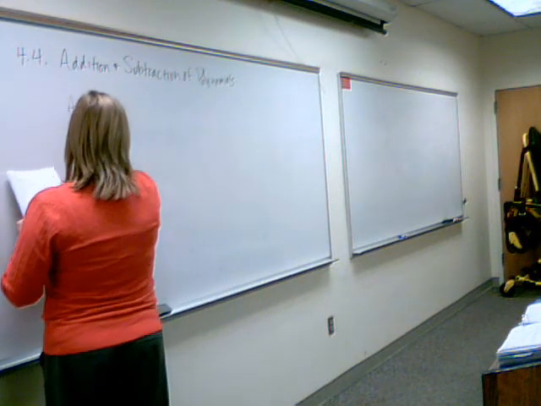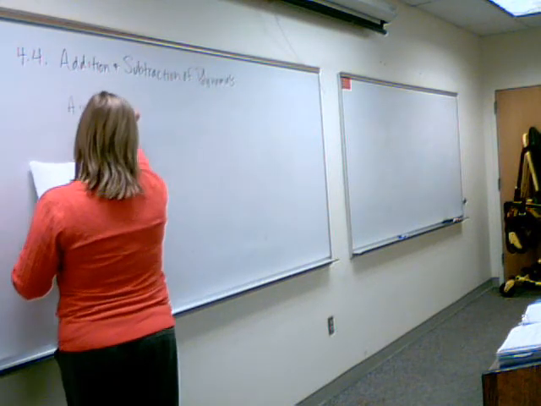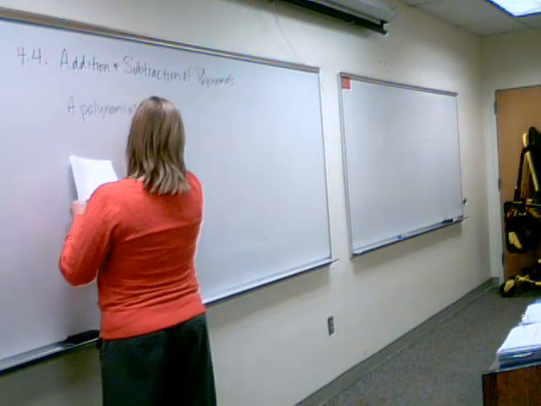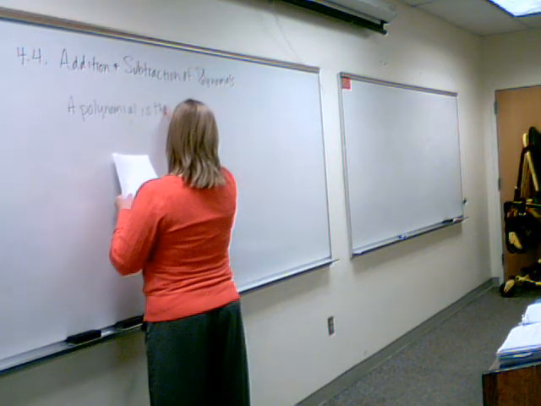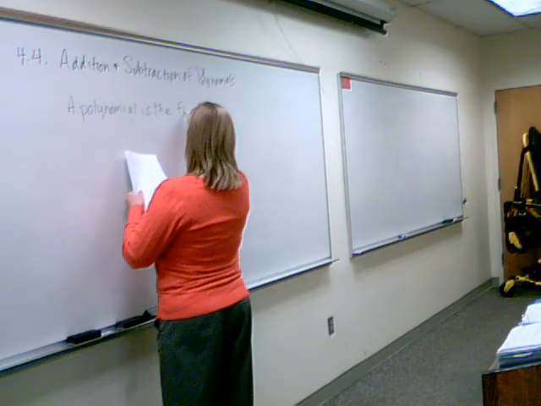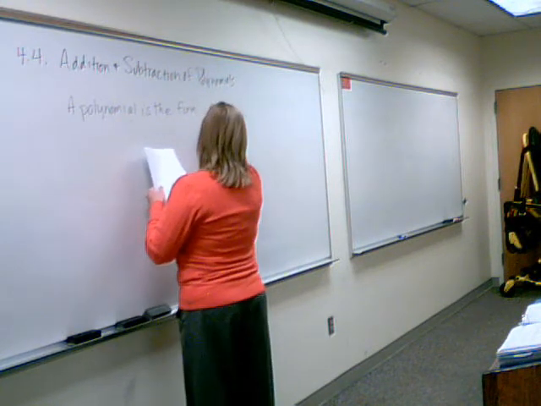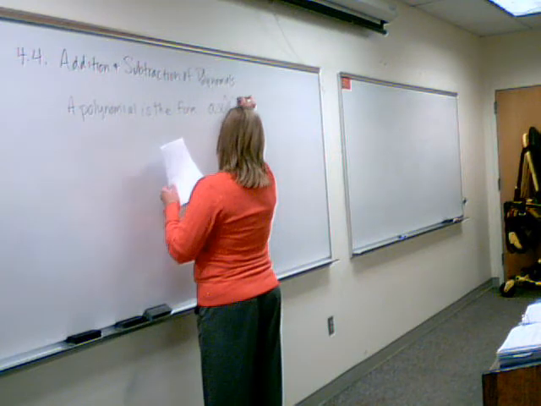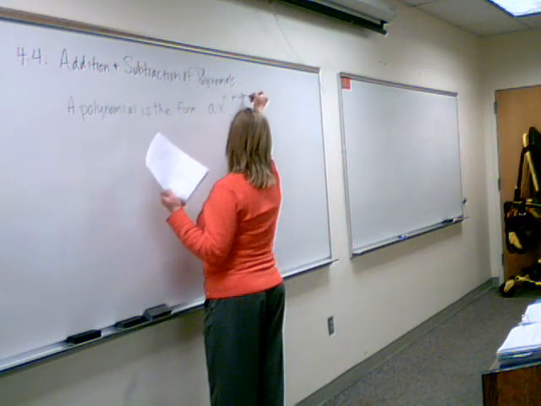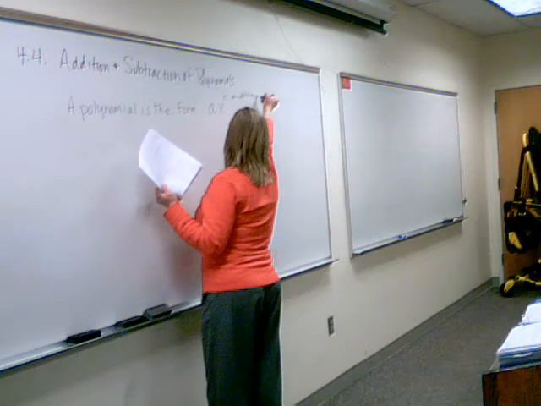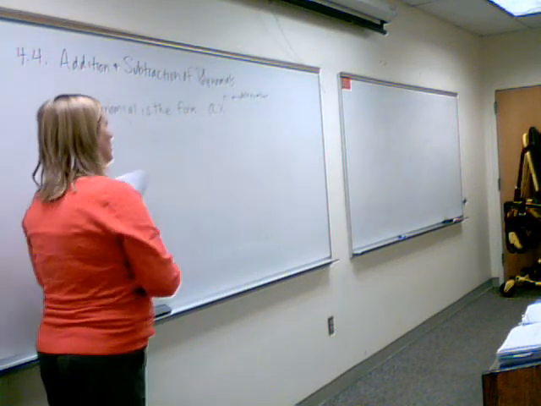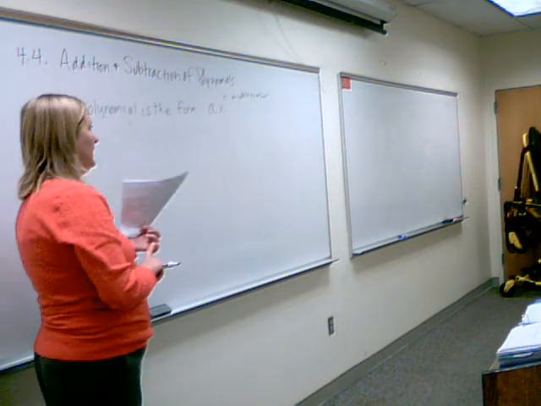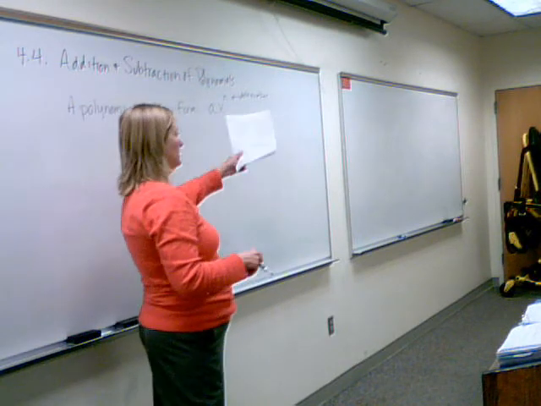A polynomial is in this form: a x to the n, where n has to be a whole number. That is the form of a polynomial.